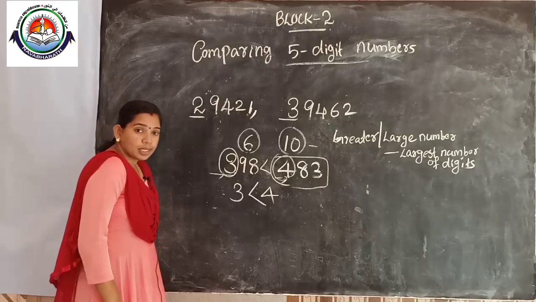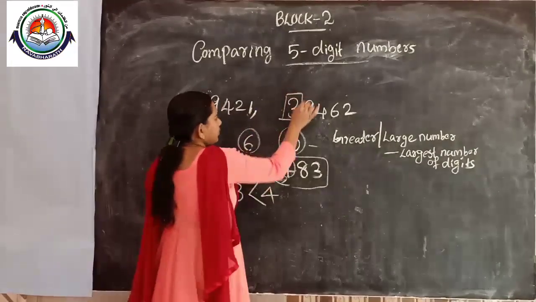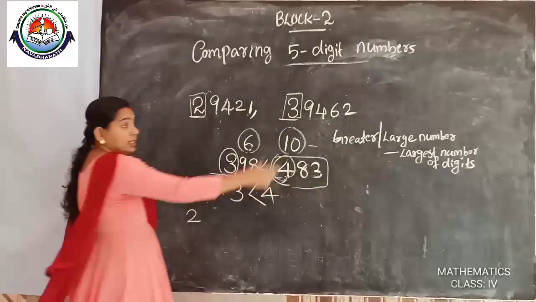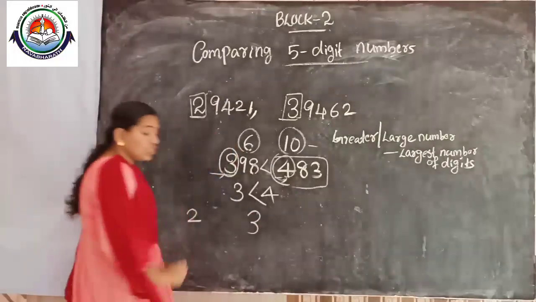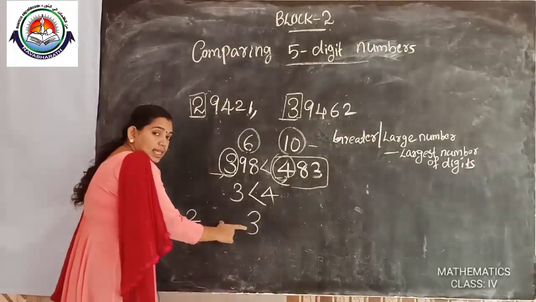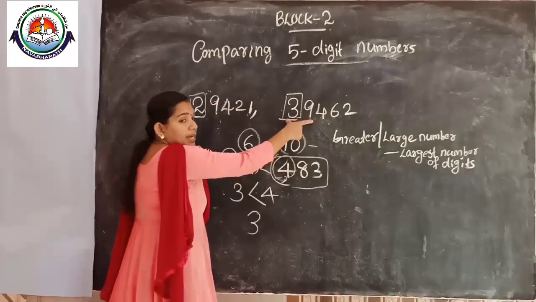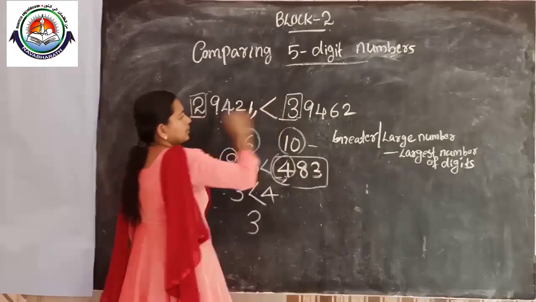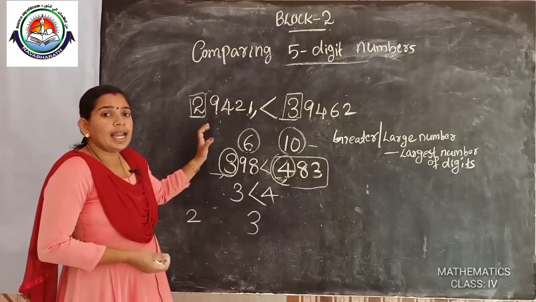In the 10,000 place, the first number has 2, and the second number has 3. Which is greater? 3 is greater. So this number is the greater or larger number. Now you understand how we find the largest number?